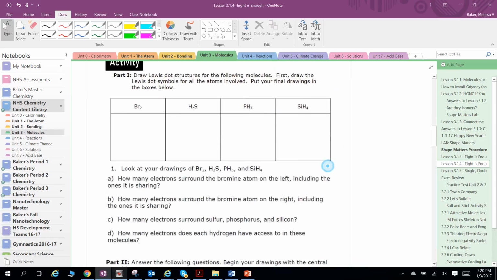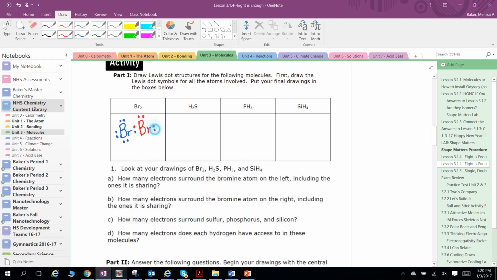For the activity, it says, first draw some Lewis dot structures for the following molecules. First draw their symbols and then put your final drawings in the boxes below. Now that we've done some drawing, we can think about how we want to point those lonely electrons. For example, we know bromine is similar to fluorine and chlorine because it's in group 7A.